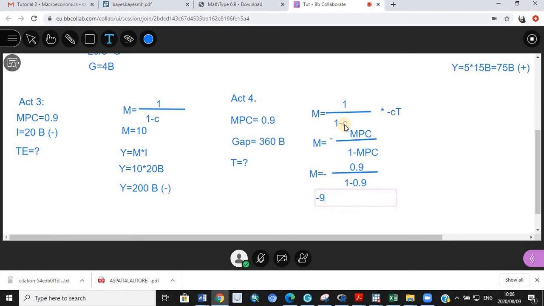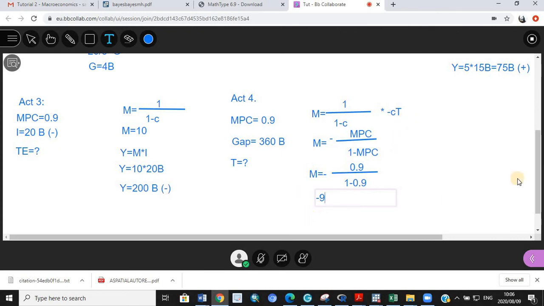This is the multiplier. Don't worry about the T, because you know that T goes to the autonomous consumption. So that is not what we are looking for here.